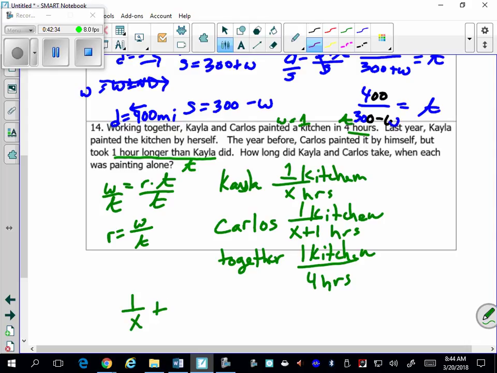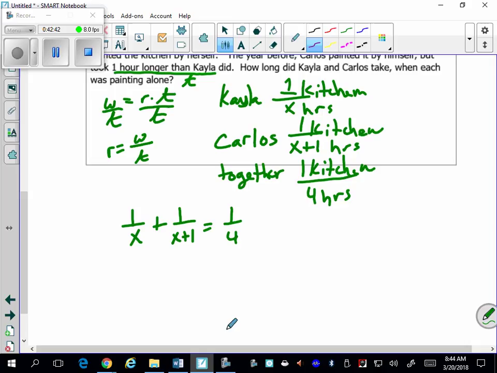x plus 1 is a binomial, so these are not common factors. So we need to multiply all the denominators by each other. The first denominator is already x, so we need to multiply by x plus 1 and 4. So 4 times x plus 1. I always multiply the denominator.